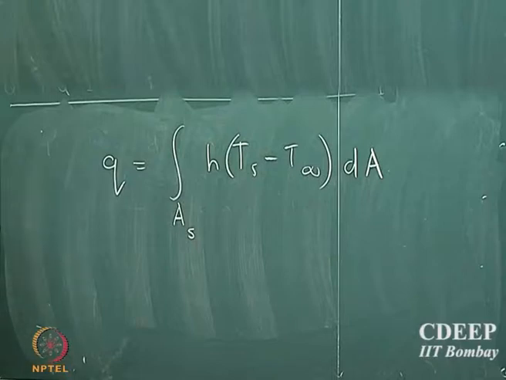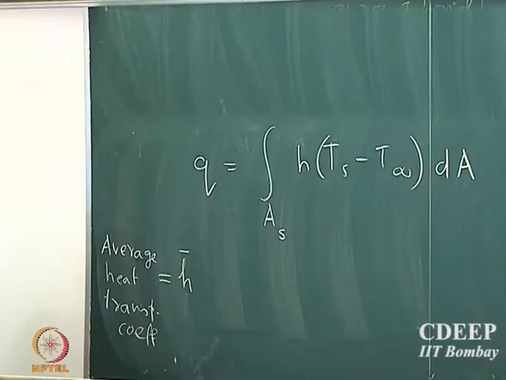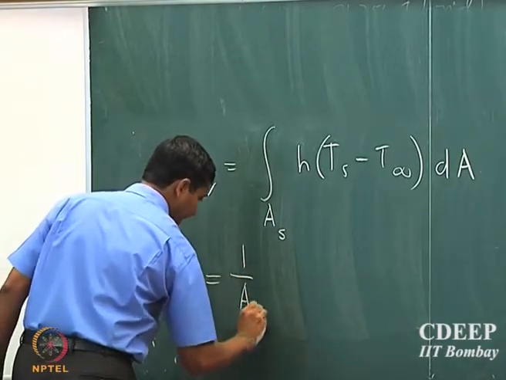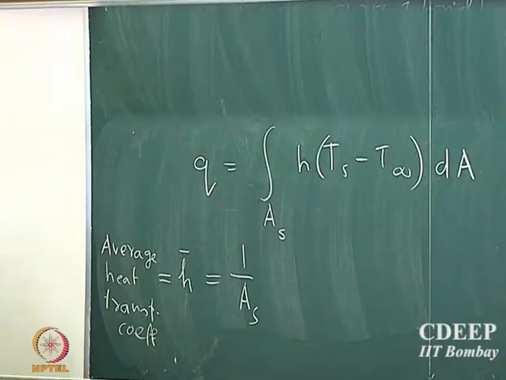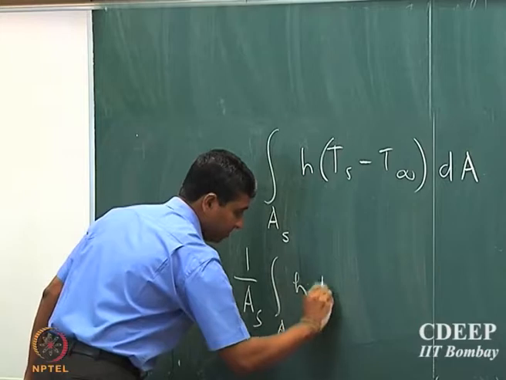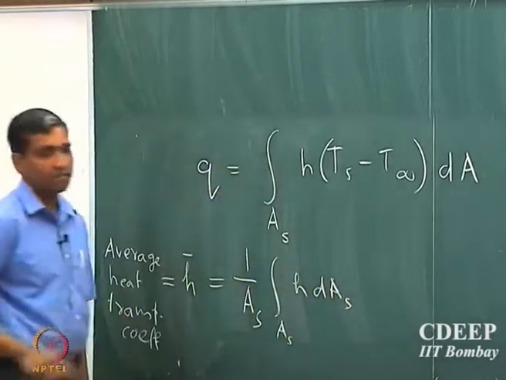Now we can define a quantity called h bar, the average heat transport coefficient, defined as 1 by As, where As is the overall surface area available for heat transport from the solid to the fluid, times the integral over As of h times dAs. Okay.